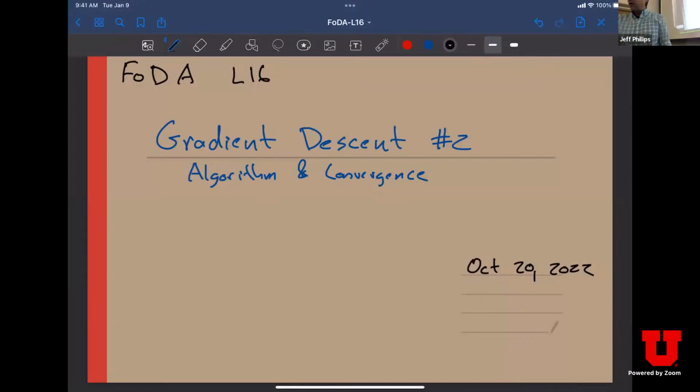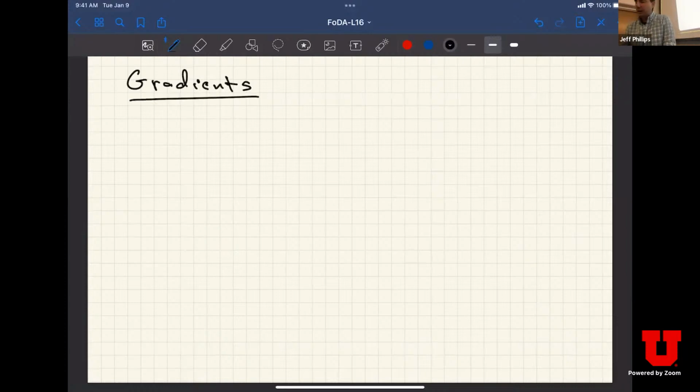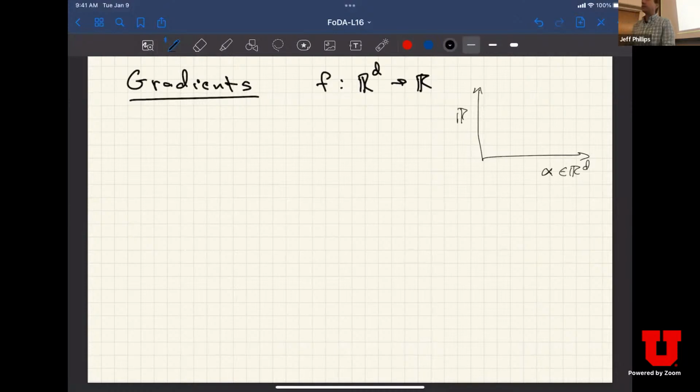Before we get into the algorithm, I just wanted to review a couple of things about gradients. Again, we're going to have a function with a domain of R^d and a range of R. You can view the domain as alpha in R^d, and the output is real valued.